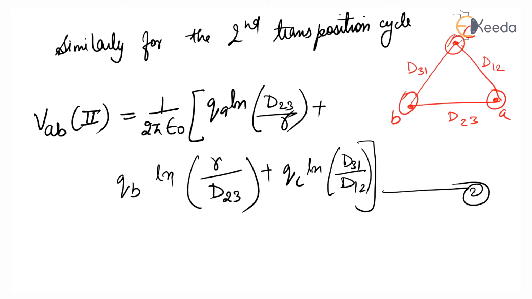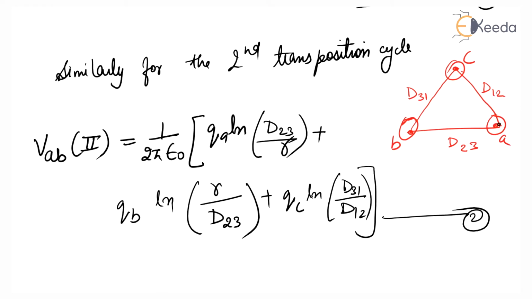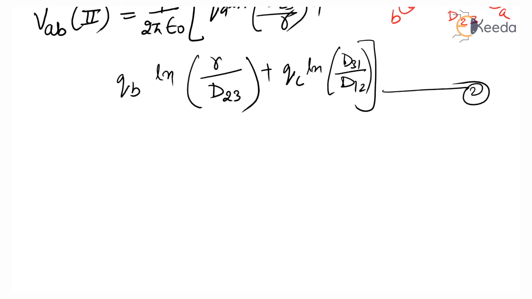Now similarly for the third transposition cycle, this is the same diagram. I draw it with red pen, so please don't get confused.